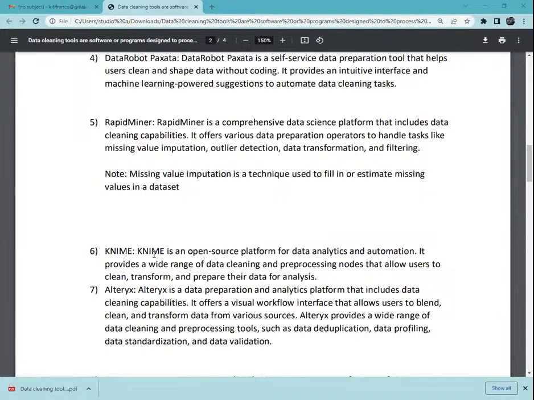And then we have now number 7, Alteryx. Alteryx is a data preparation and analytics platform that includes data cleaning capabilities. It offers a visual workflow interface that allows users to blend, clean, and transform data from various sources. It's a powerful tool.